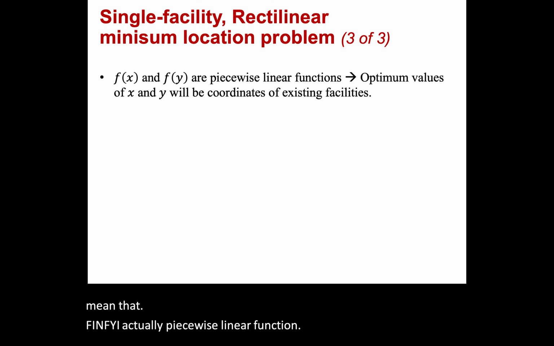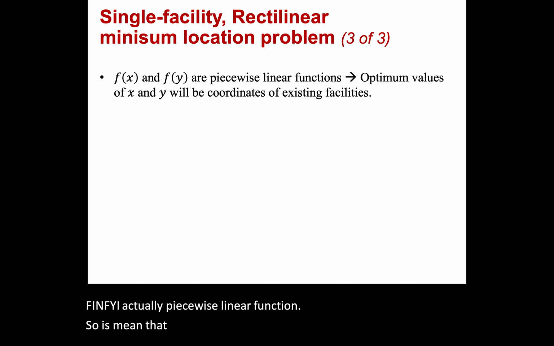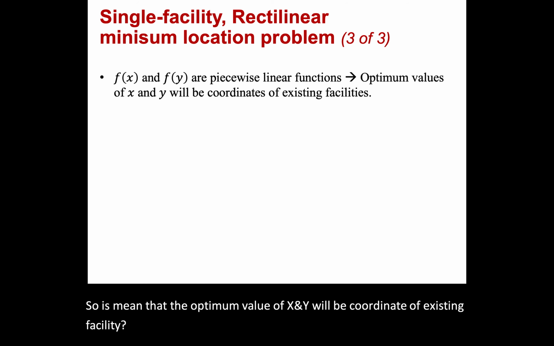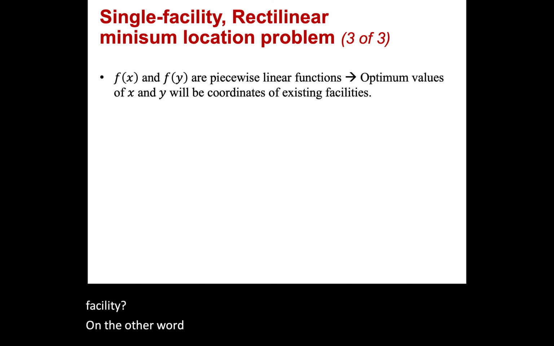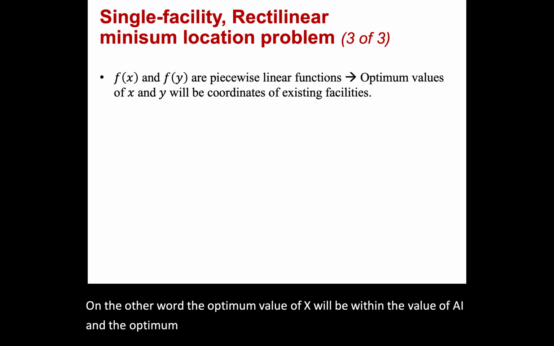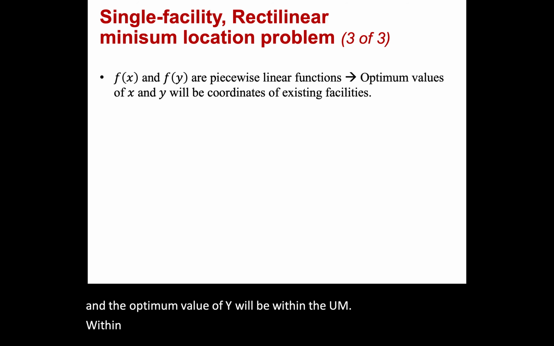So it means that the optimum values of x and y will be coordinates of existing facilities. In other words, the optimum value of x will be within the values of ai, and the optimum value of y will be within the values of bi.